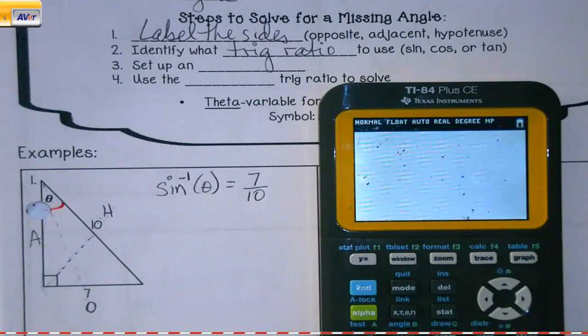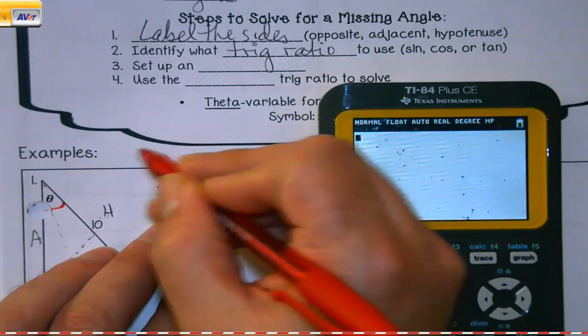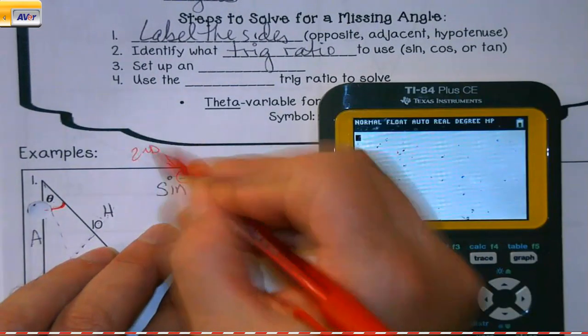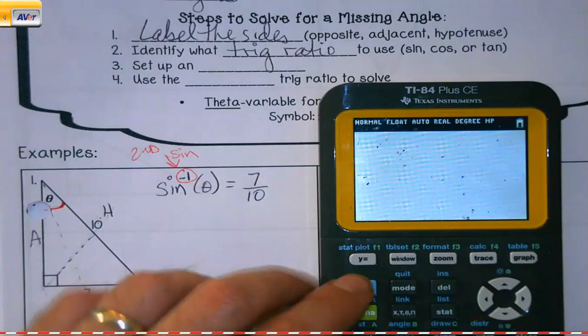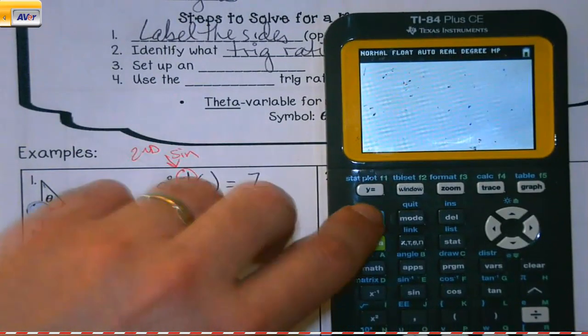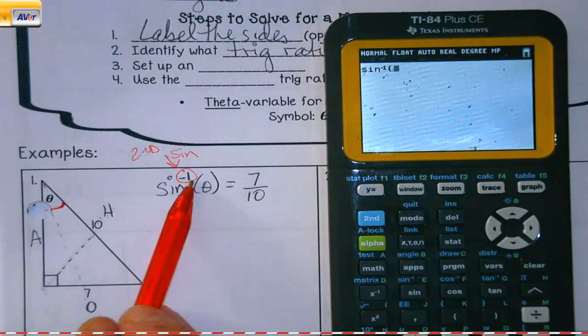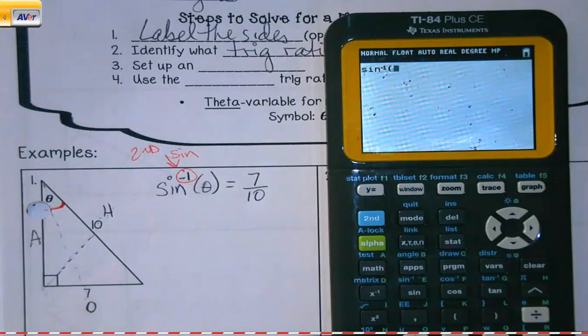So here, I can't just hit sine 7 over 10. That would think I'm looking for a side. So to get the -1, we're going to need to do second and sine. So let me move this up so we can see all the things. Second and sine, there's the little -1, which means I'm looking for an angle. And then I can just type in my fraction, 7 over 10.